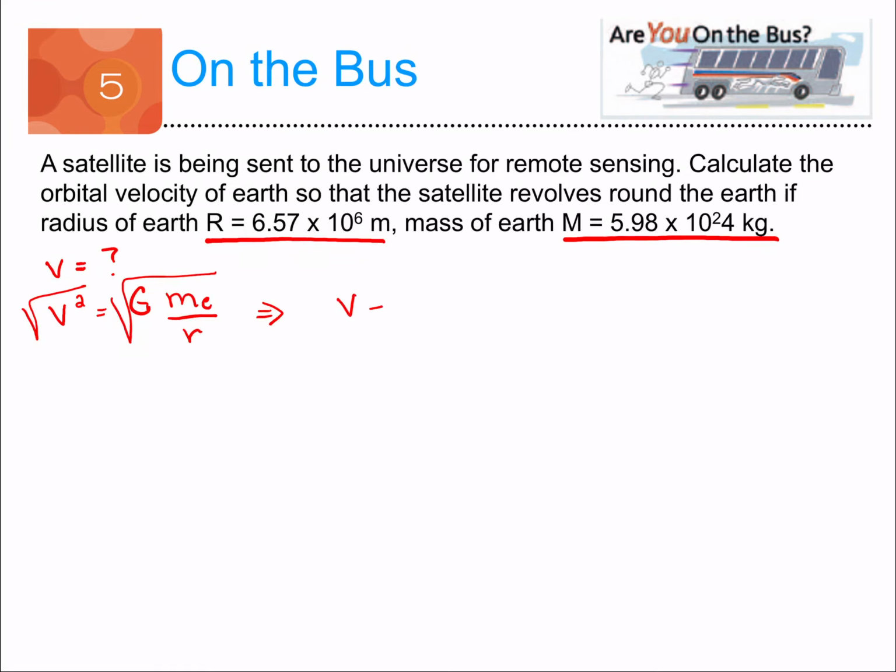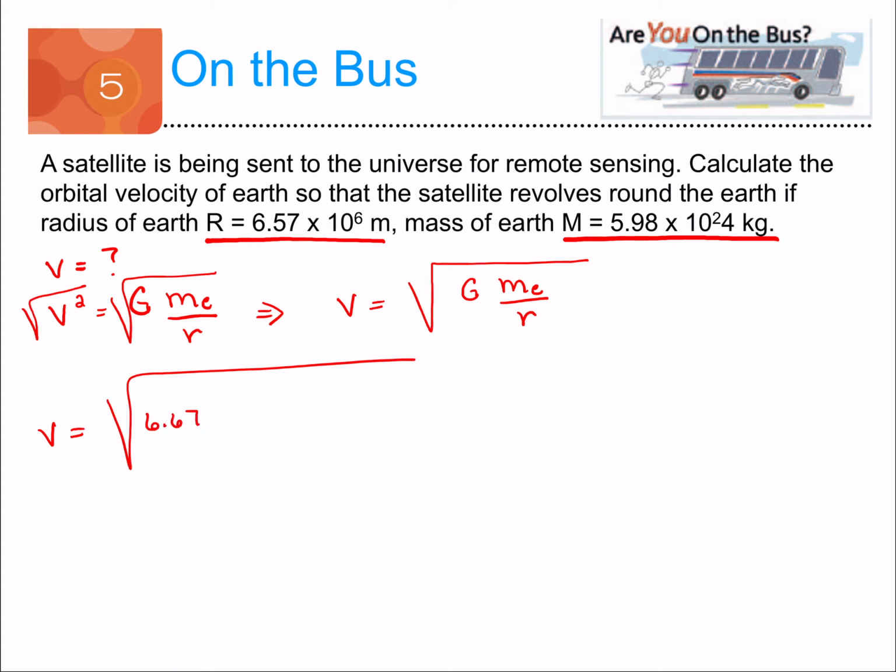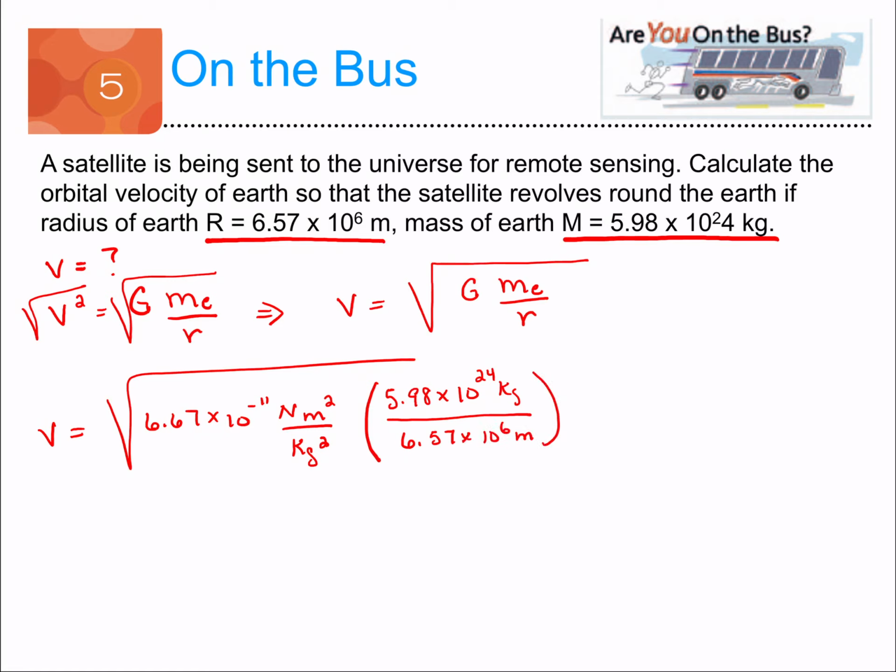So v is going to be the square root of capital G M_E over R. So v is going to be the square root of G, 6.67 times 10 to the minus 11 newton meters squared over kilograms squared, multiplying that by the mass of the Earth, 5.98 times 10 to the 24 kilograms, dividing it by R, which we're given to be 6.57 times 10 to the 6 meters.